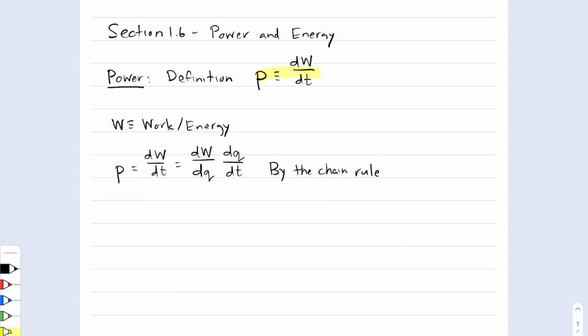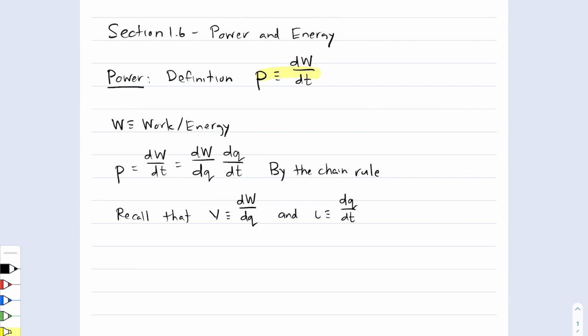However, recall that the voltage across 2 points is the work done per unit charge, and the current flowing past any point is dq/dt.